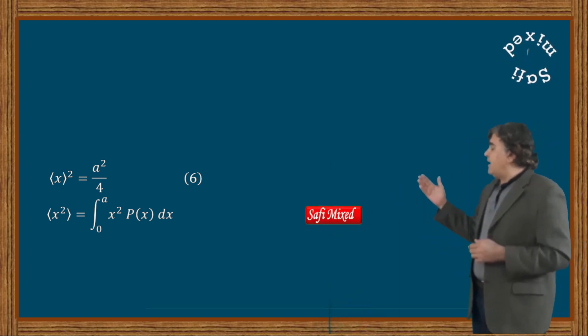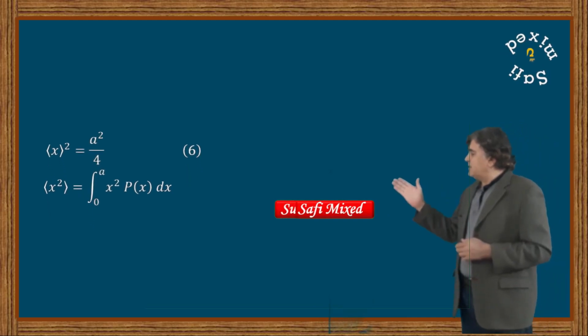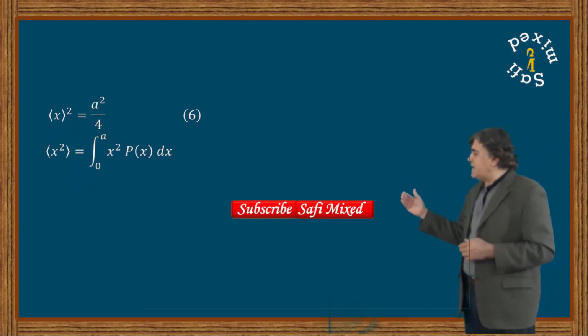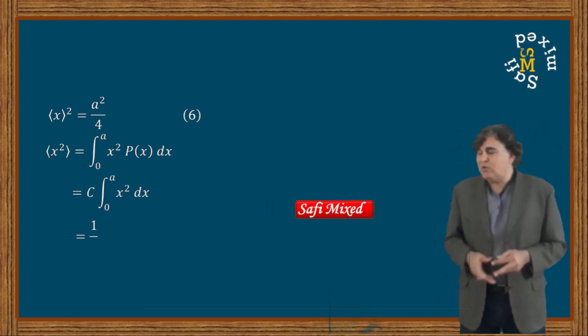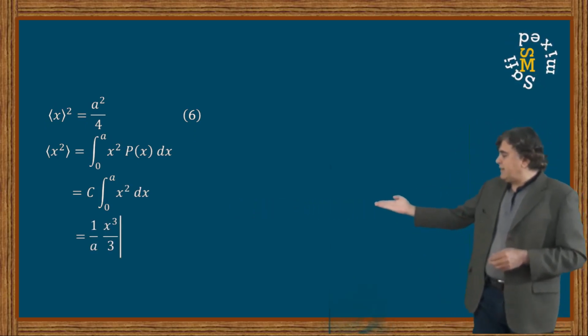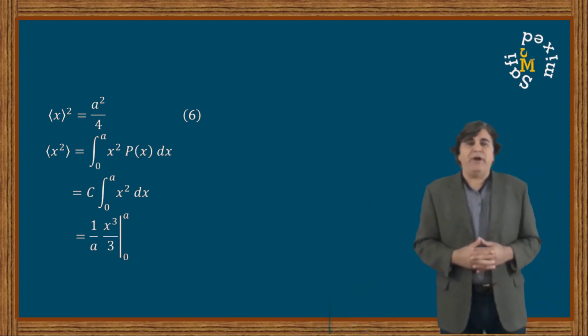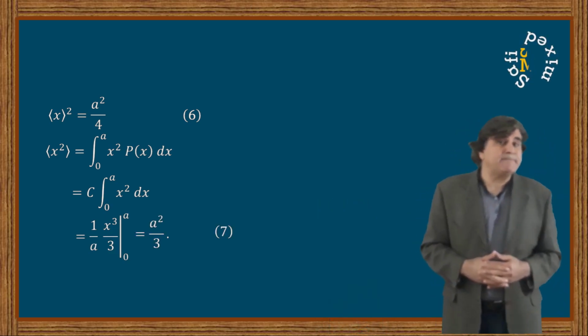If again I use the value of P(x) equal to C and then the value of C, I can solve this integral very easily, which gives me the value, as I have shown in each step, equal to a squared divided by 3.